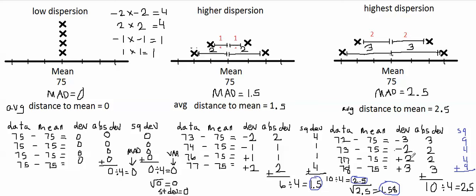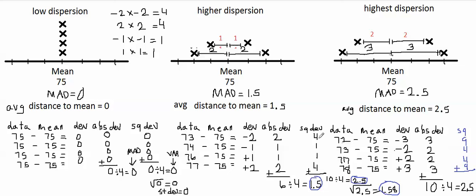Notice how we talked about how the absolute deviations went up when the spread goes up, because in this data set, our absolute deviations were 2s and 1s, and in this data set, they were 2s and 3s, because the numbers are further away from the mean.